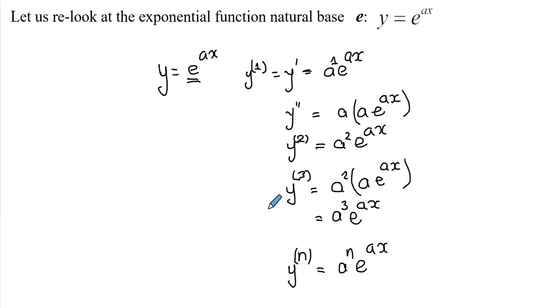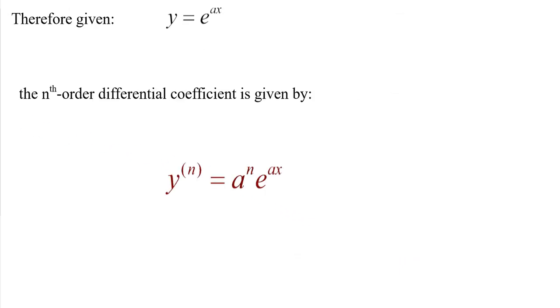So it takes us to the conclusion that given a function like this, the nth order differential coefficient will always be of this form. And we don't need to, if this was 5, differentiate 5 times; we just have to know this, as we know our power rule or another rule for differentiation.